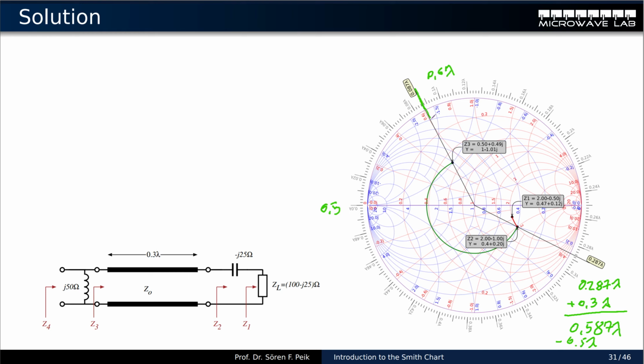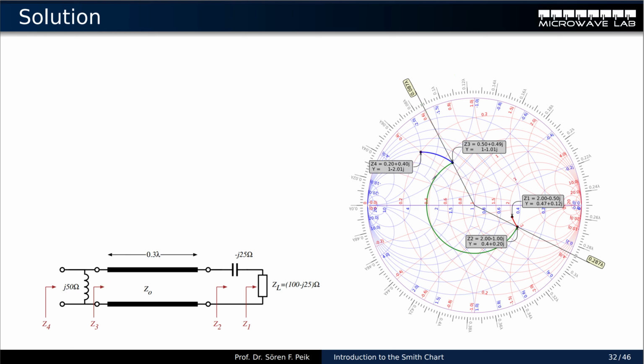Then I draw that line and take a compass, and I end up at this point here, which is my Z3, which is 0.5 plus 0.5j, incidentally. So we're standing here now, looking into my circuit. The next step is to put j50 in parallel.